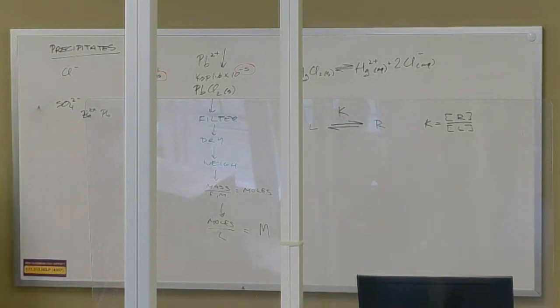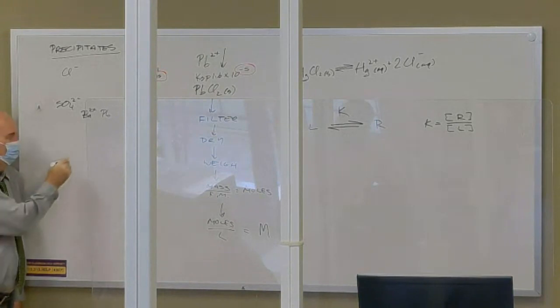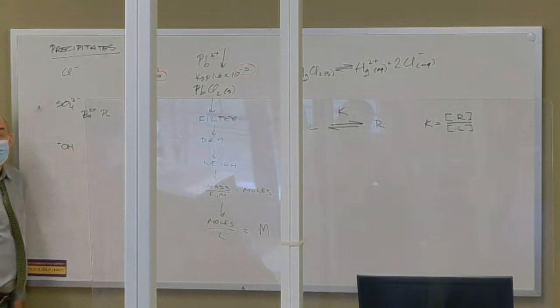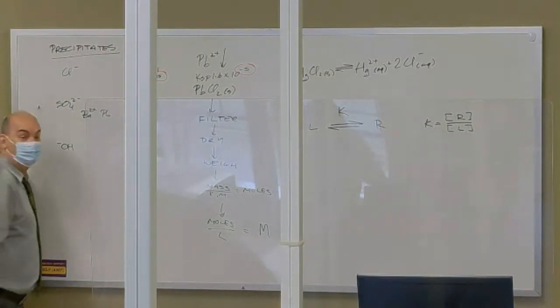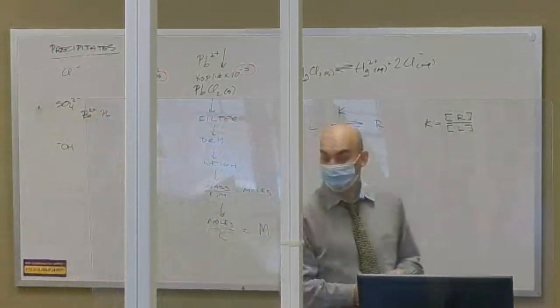Which anion was mostly insoluble? Because this is going to be our tactic. Turns out that most hydroxides are insoluble, most of them, except for lithium and potassium and sodium and ammonium.